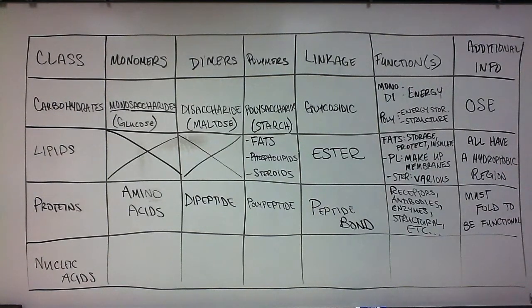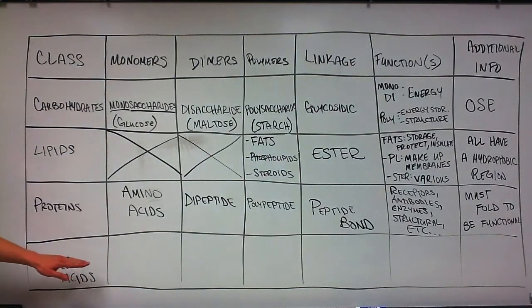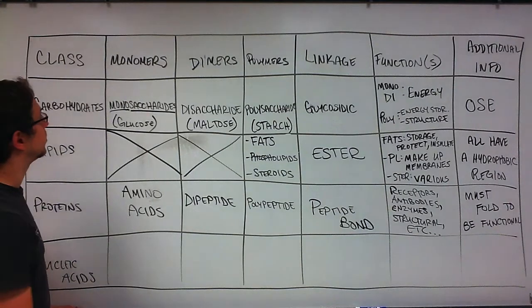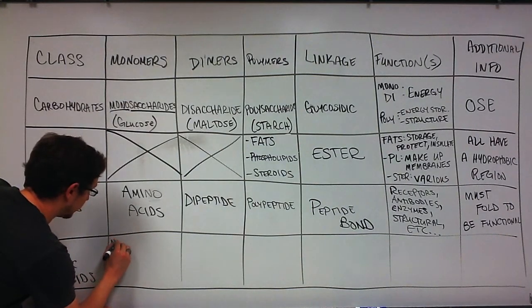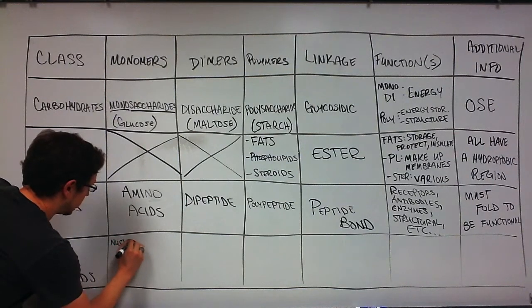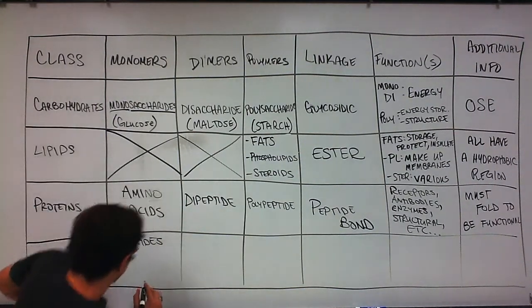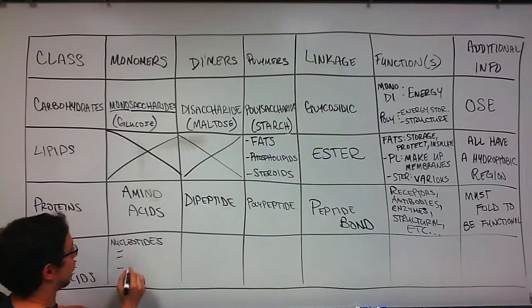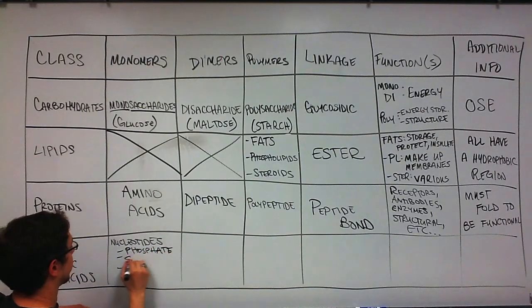All right, and finally, last class of biological macromolecules, nucleic acids. The monomers of these are going to be called nucleotides, and these nucleotides are going to be built out of 3 subunits: a phosphate group, a sugar, and a nitrogenous base.